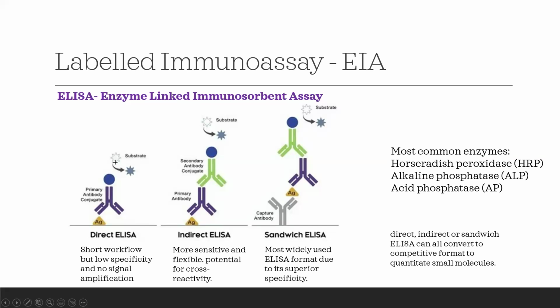The substrate changes from one color to another. So direct ELISA, as we can see, is quite simple. It has a short workflow, but it has low sensitivity and specificity.